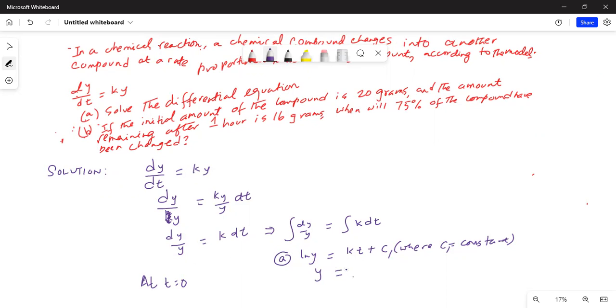So we get e to the power kt plus c1, which can be written as e to the power kt multiplied by e to the power c1. Since e to the power of c1 is a constant, we can write it as c, which is another constant, times e to the power kt.